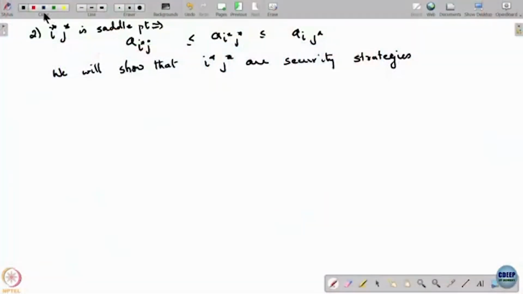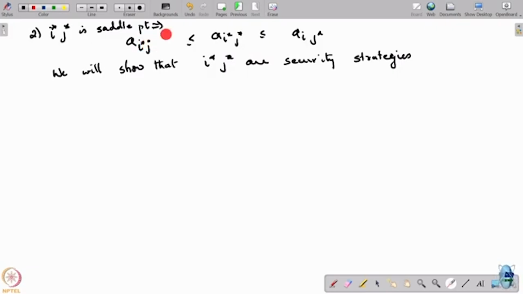So, if you actually look at just this part, this is in fact the interesting thing about zero sum games. If you look at any of these inequalities in isolation, this one only says that i star is the best reply to j star, and this one says that j star is the best reply to i star.